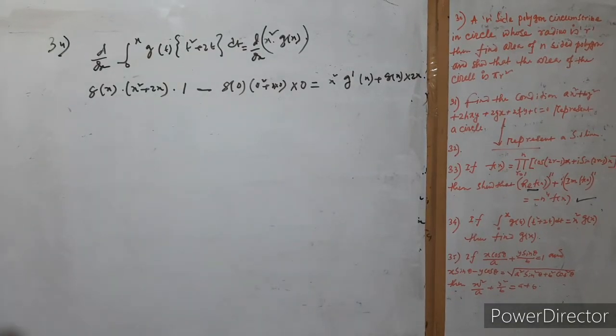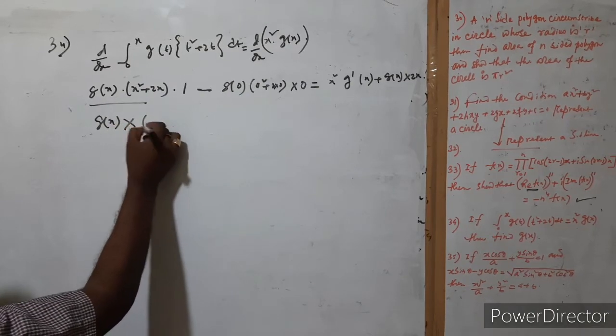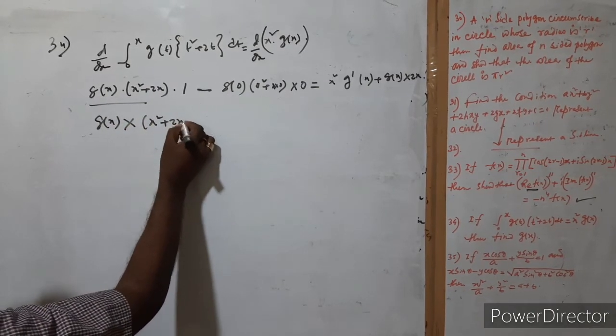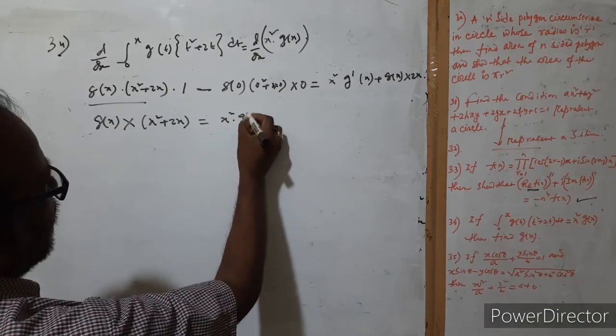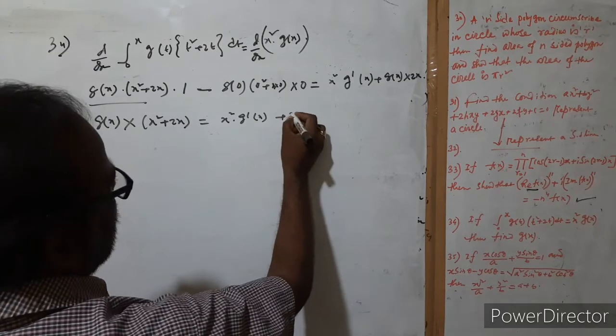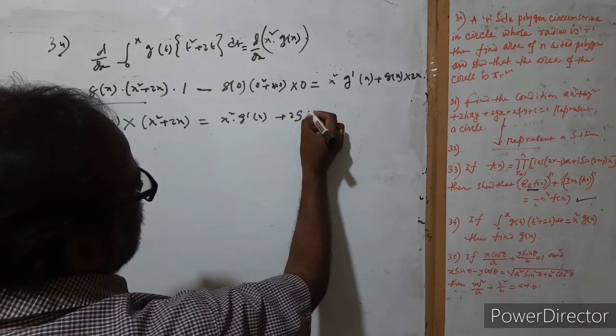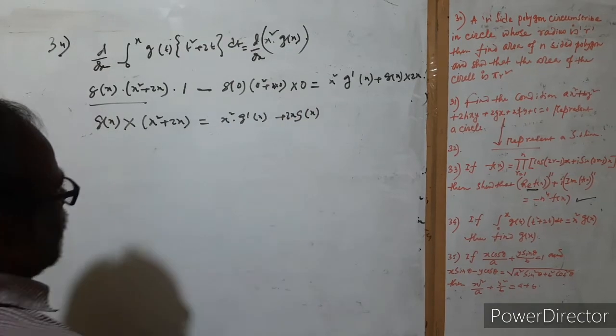Now see, this is g of x into x square plus twice x, and this is x square g dash x plus 2x g of x.